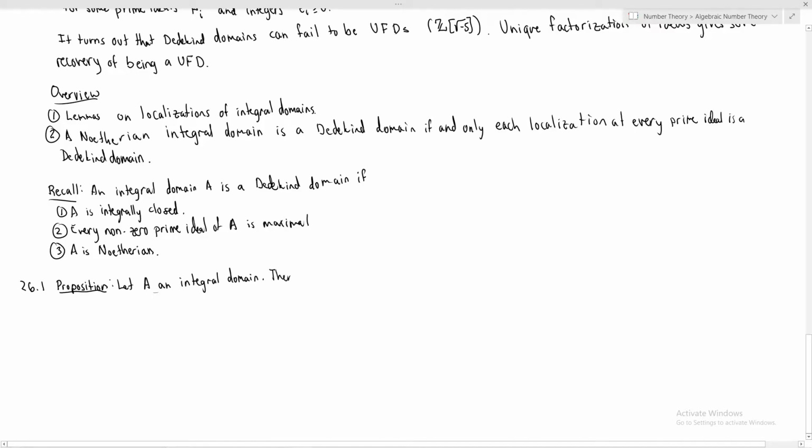So then A is integrally closed if and only if A localized at P is integrally closed for each prime ideal P. Okay, so I'll prove this.